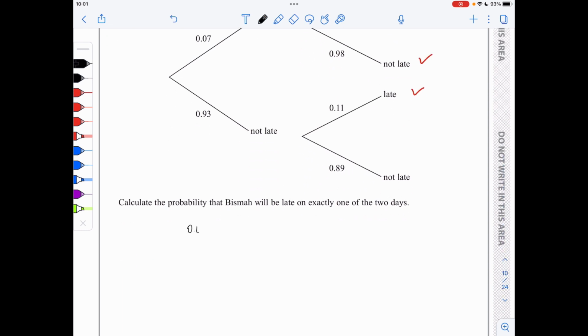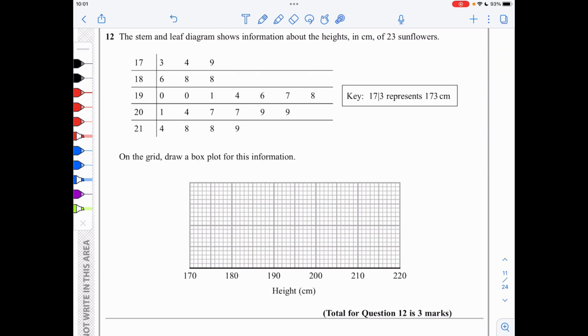So 0.07 times 0.98 plus 0.93 times 0.11, and this gives an answer of 0.1709.